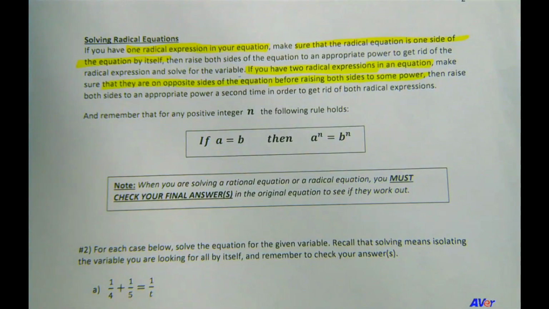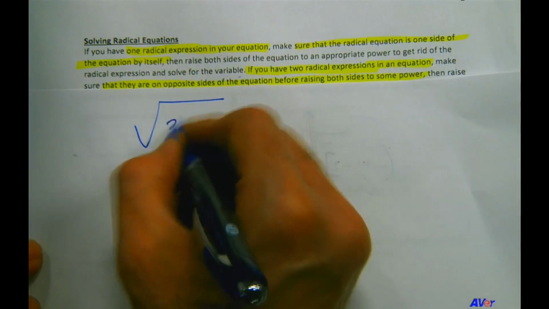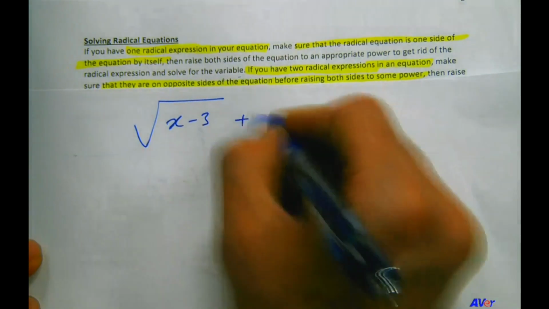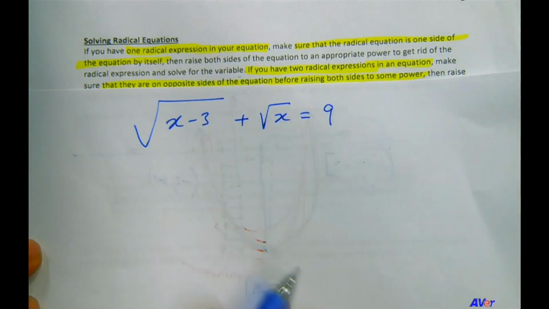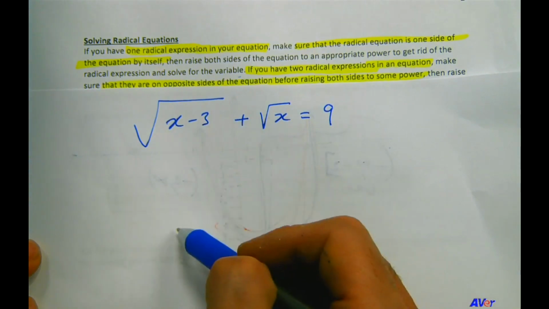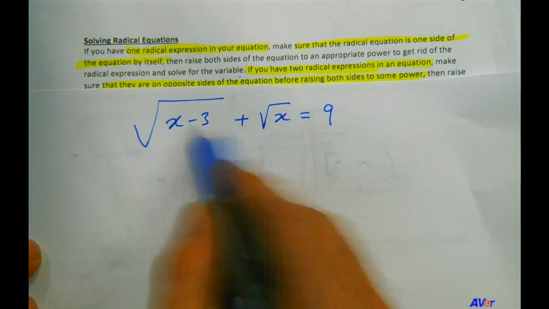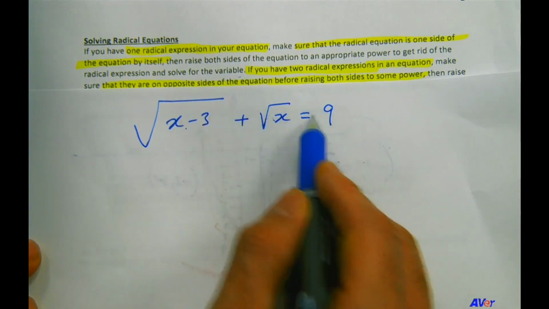So if you have two radical expressions, let's say something like this. Suppose you have square root of x minus 3 plus square root of x equals 9. Right? In this equation, you have two radical expressions. Before you solve this, you got to make sure that these are on two opposite sides of the equality.